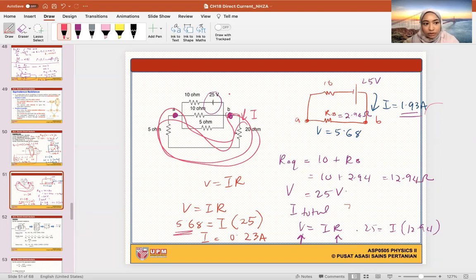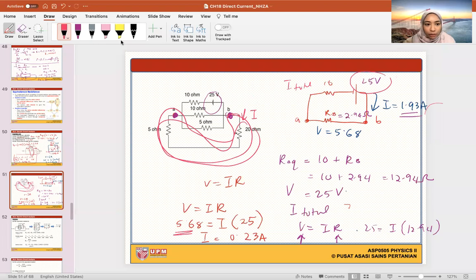You need to use the appropriate voltage. Earlier we talked about I total, so we needed to use 25 and 12.94, because we are finding the I that flows through the whole circuit.